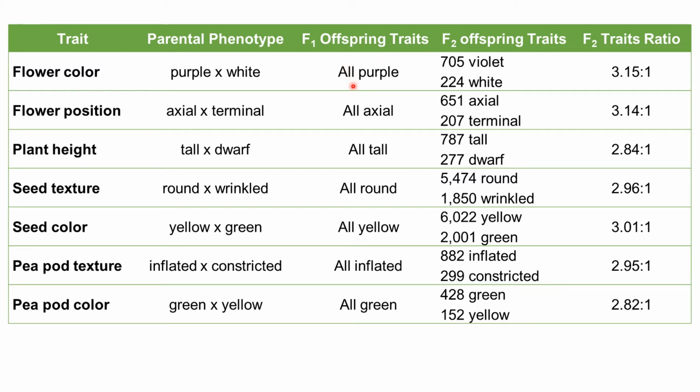Yung allele niya, may isa doon is dominant trait for purple color, kaya yun yung nakikita mo. Pero yung isang allele niya ay recessive na for yung white color. Kaya pag krinos mo sila sa isa't isa, meron pa ring lalabas na recessive gene pag krinos mo ulit sila sa isa't isa. So yun yung explanation niya.